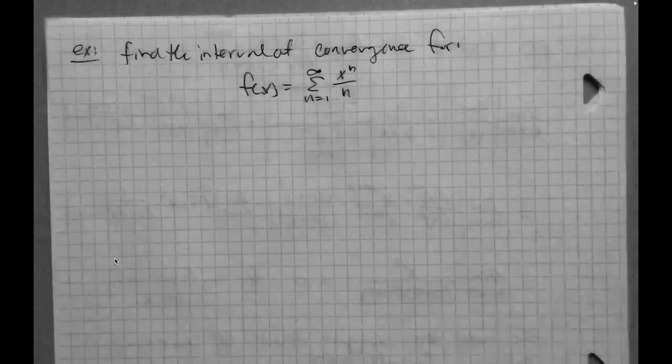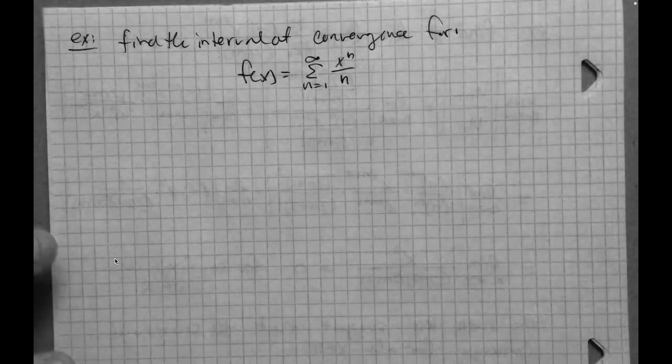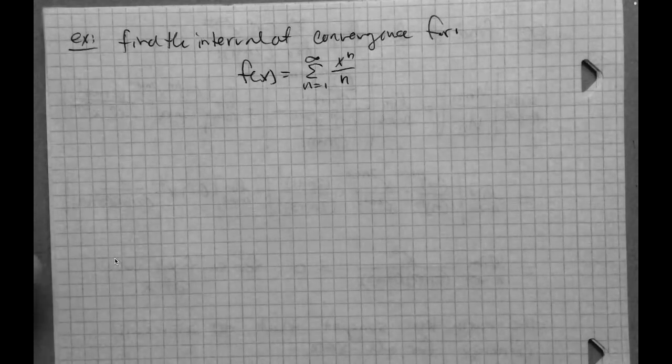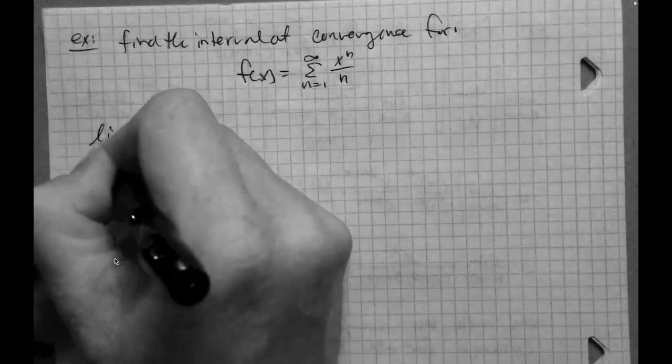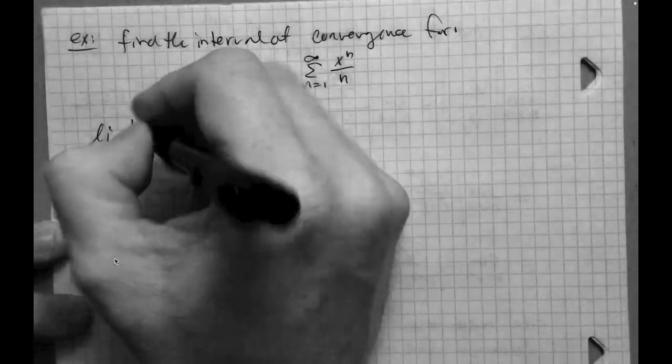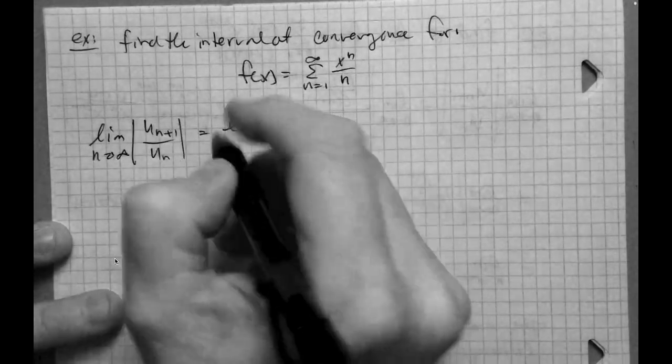So first of all, quickly, in the same manner as we have been doing, let's identify the interval. We'll need to know the interval so that we can understand the endpoints. So the limit as n goes to infinity of u sub n plus 1 over u sub n is what we're interested in here. So let's lay in those terms.